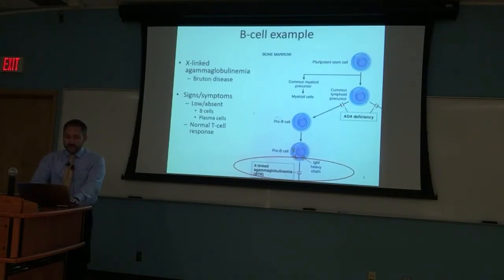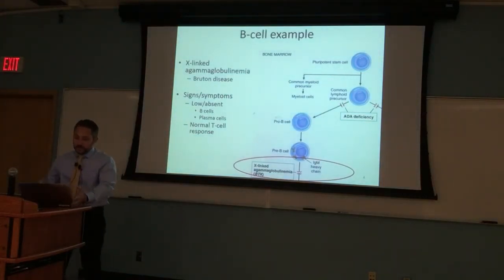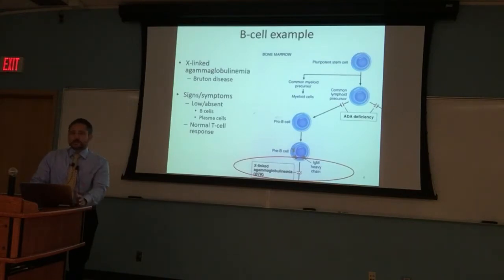What happens with these Bruton disorder patients is it's more common in males because it's an X-linked genetic disorder, so the males get one X and then one Y, and if the X is affected, then they're going to express the disorder. Okay, but it happens in both males and females.